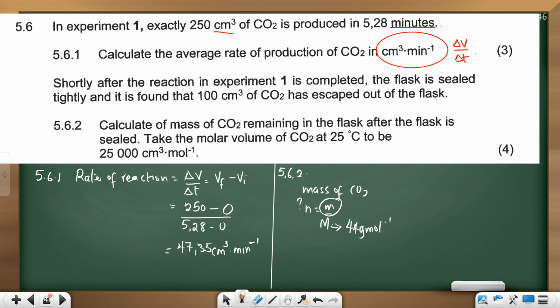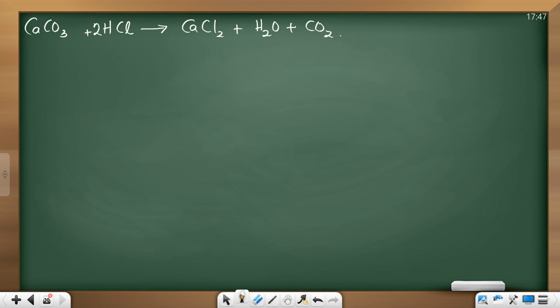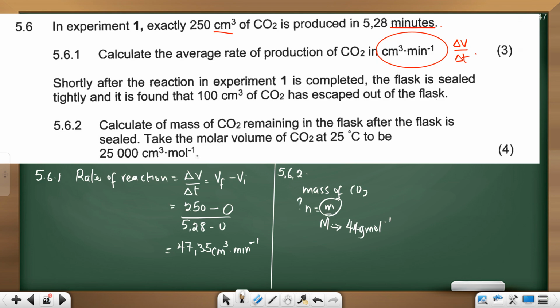This is what I'm thinking we should do. Why don't we find the total volume that was produced? By the way, don't we know the total volume? They said exactly 250. Okay, hold on. Exactly 250.